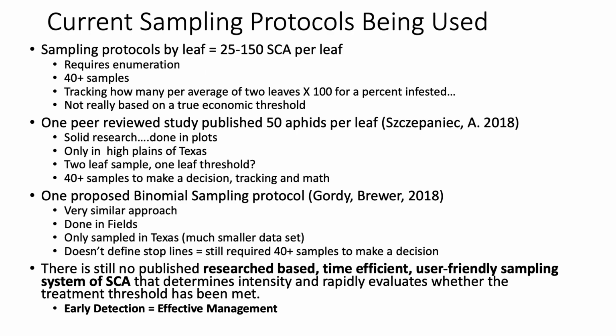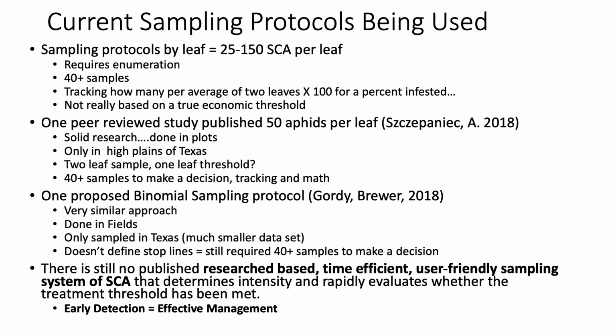And so when you review the literature for extension sites from Kansas to Georgia, you see that there's a threshold of 25 to 150 sugarcane aphids per leaf, and that's kind of what people were trying to sample for.